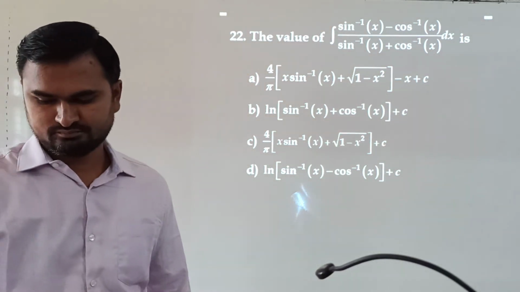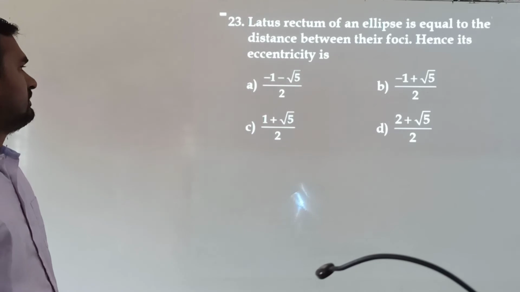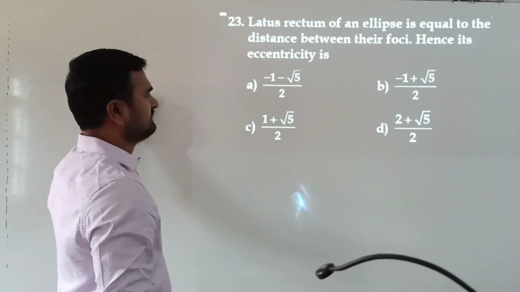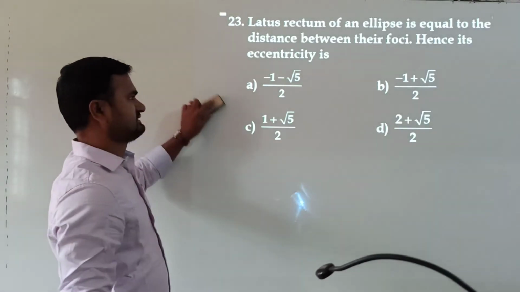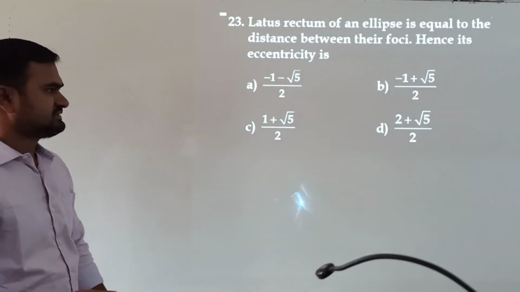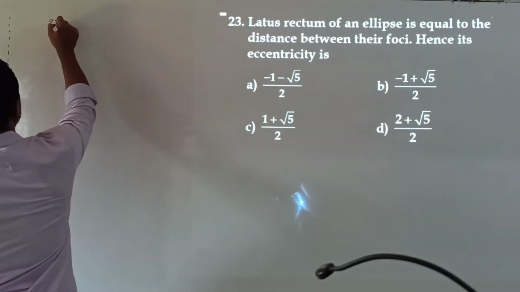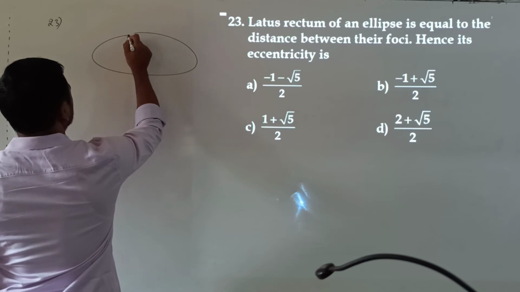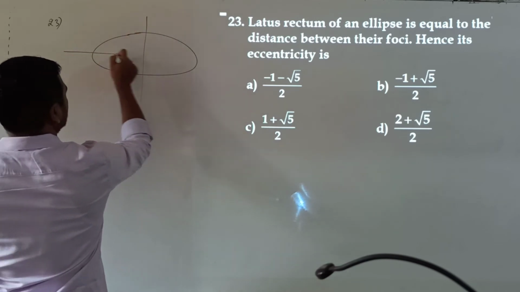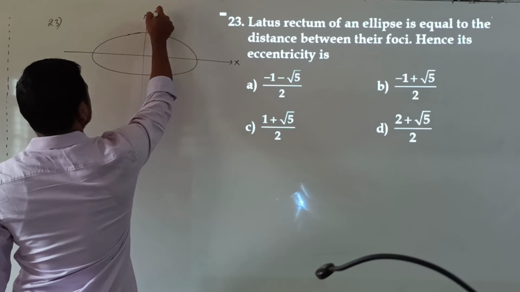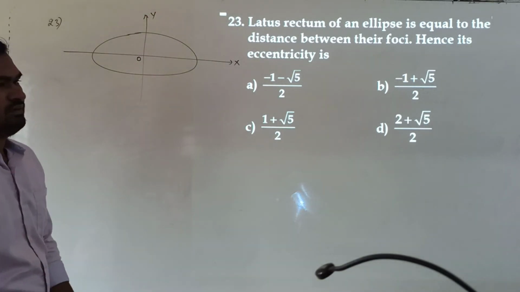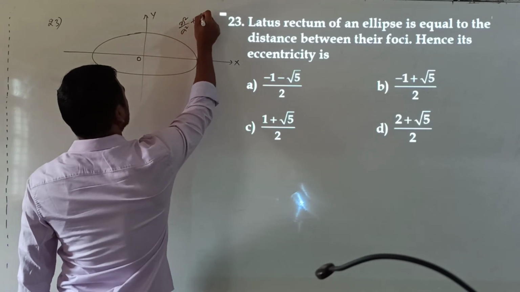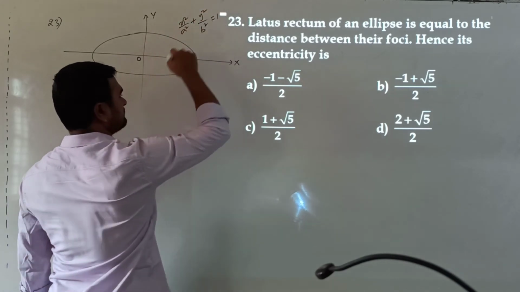Let's see the next question. Latus rectum of an ellipse is equal to the distance between its foci, hence its eccentricity is. Now in case of an ellipse, suppose this is the ellipse; since nothing else is given, we will take it in the standard form x square by a square plus y square by b square equal to 1.